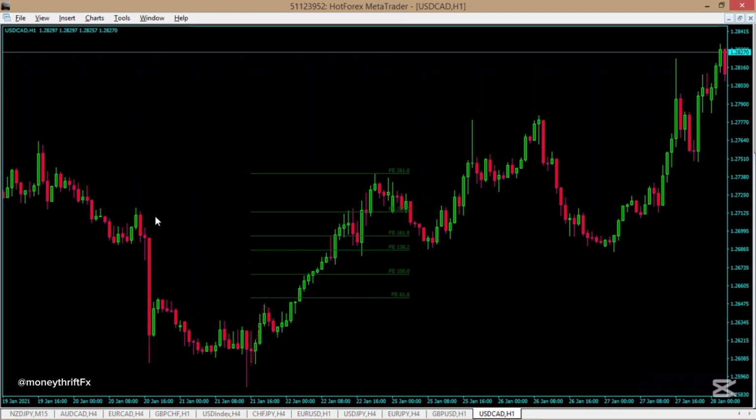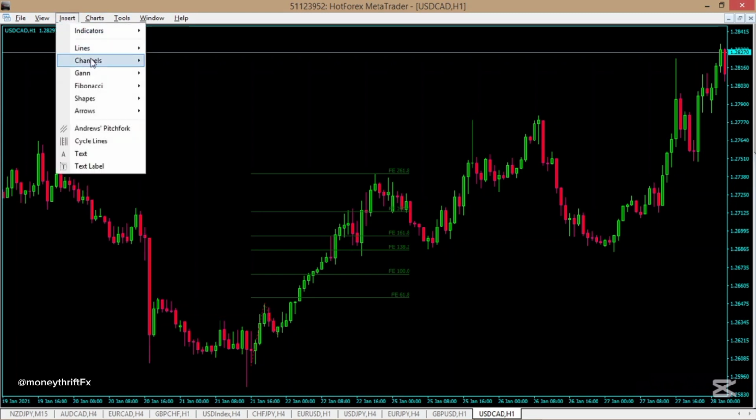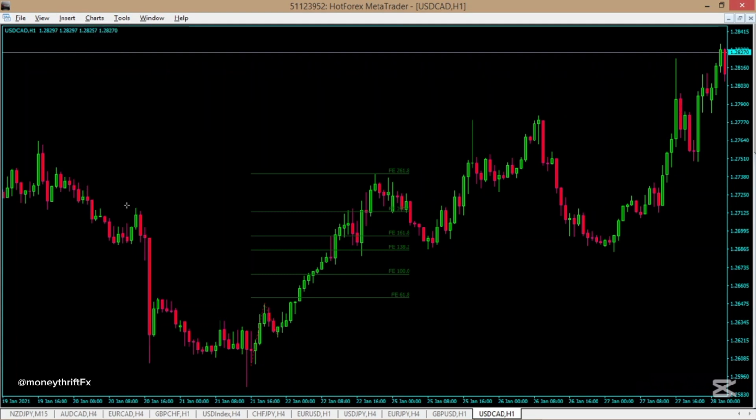The first resistance point that is obvious here, let me draw a circle there. This is the first resistance point that we see. That's pretty obvious.